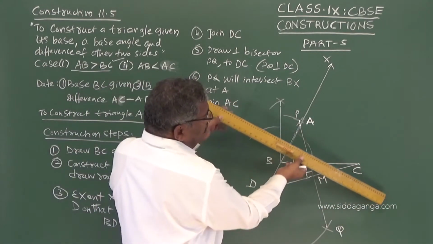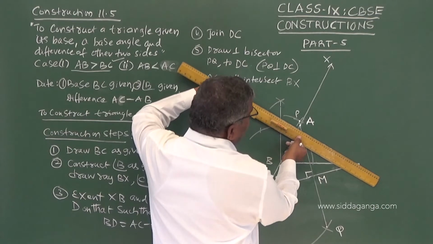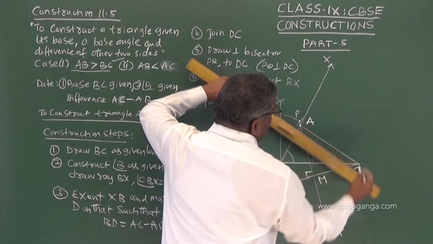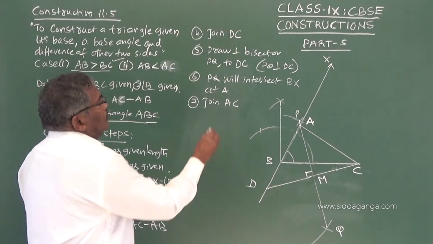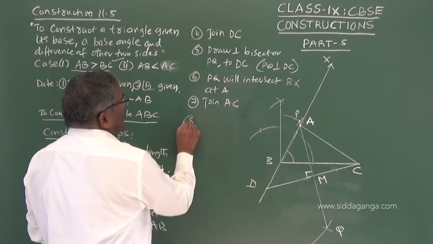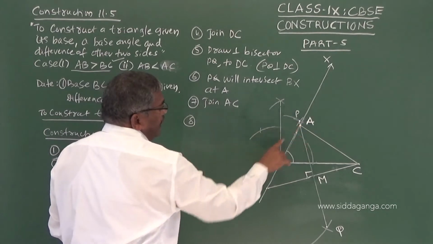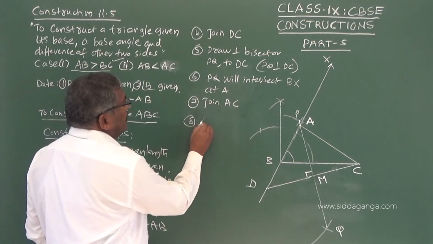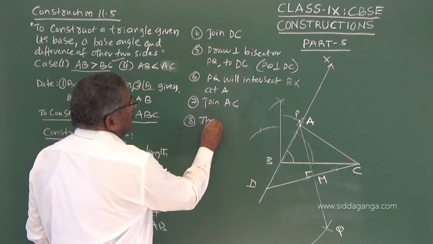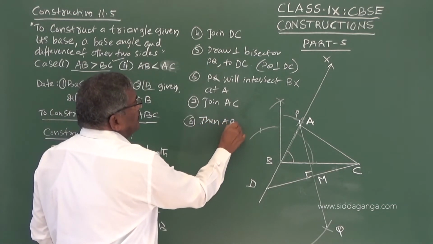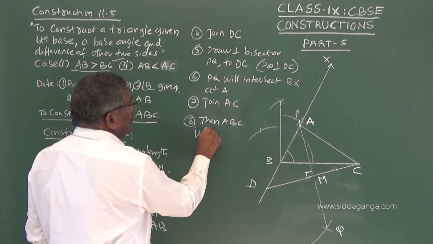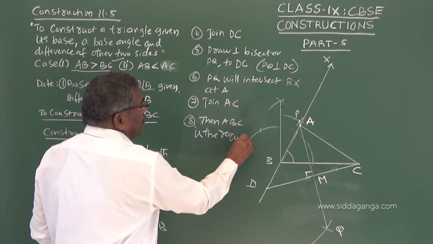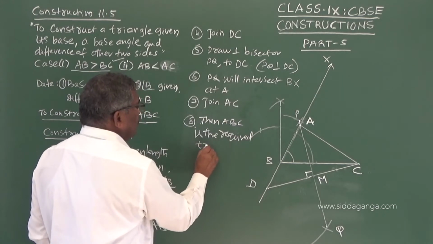So now you join A and C. And last one, we got ABC. Then ABC is the required triangle.